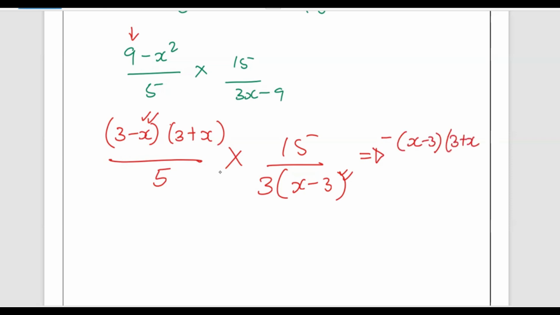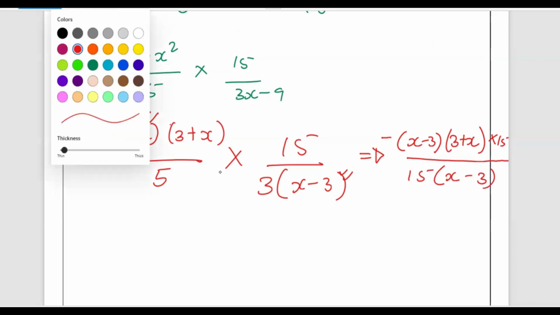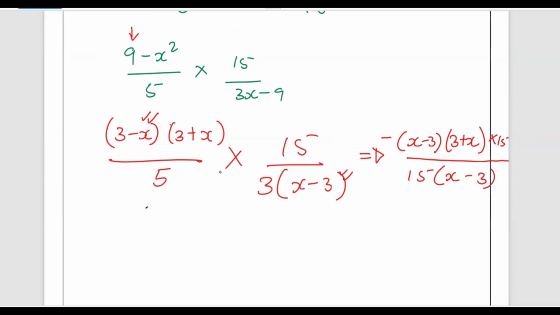We know that 3 plus x is the same as x plus 3. And then times 15, over 5 and 3, that's going to be 15 into x minus 3. This was not necessary, because you could even have canceled out things at this level and then take out the negative sign.